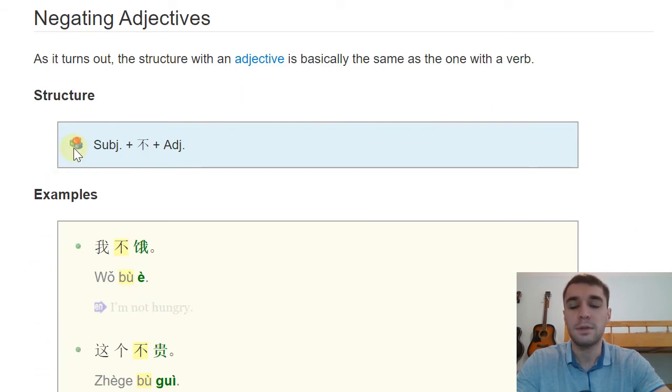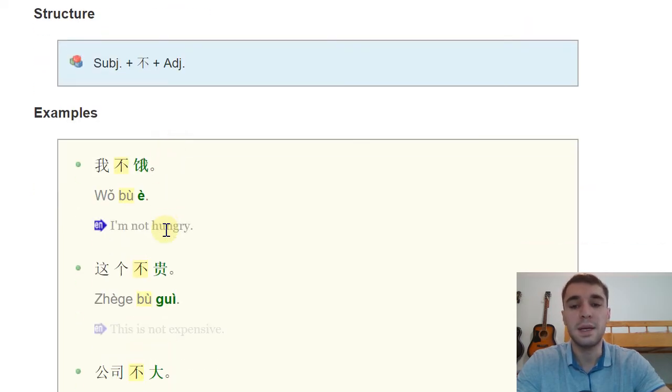Negating adjectives. As it turns out, the structure with an adjective is basically the same as the one with a verb. So subject, then you say 不, then adjective. So before we said that I'm hungry like this. 我很饿.